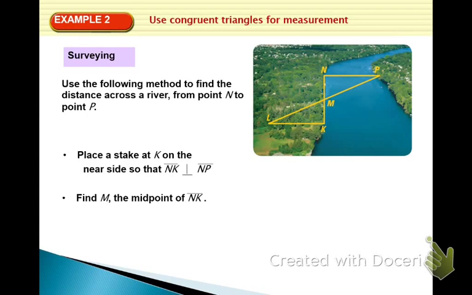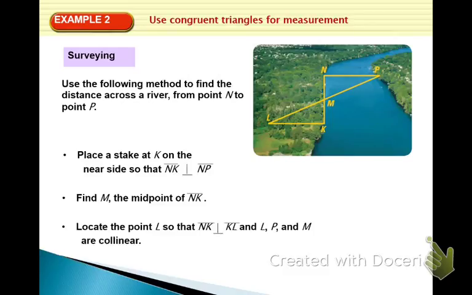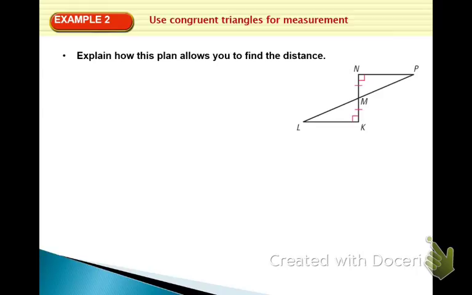So NK is perpendicular, and then find M, the midpoint of NK. Locate the point L so that NK is perpendicular to KL, and L, M, and P are collinear. Now we can mark it. If we marked those given things, this is what our picture would look like.